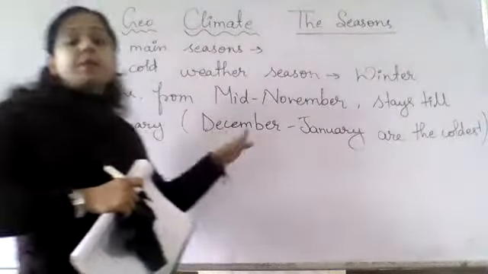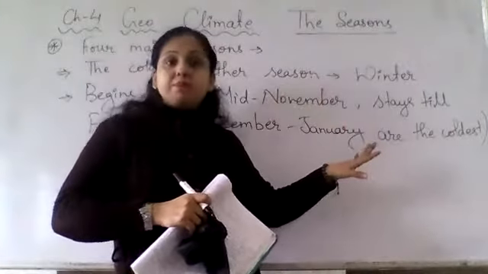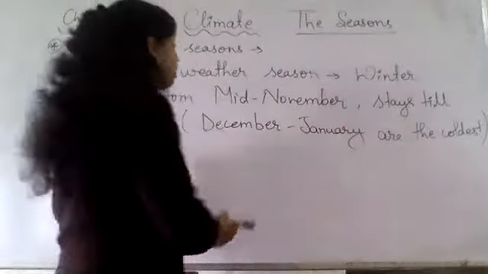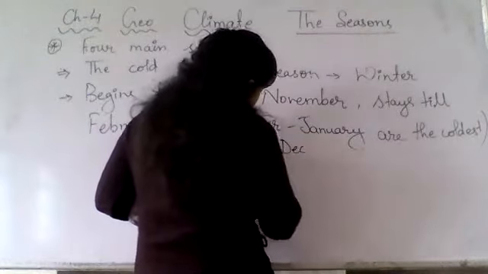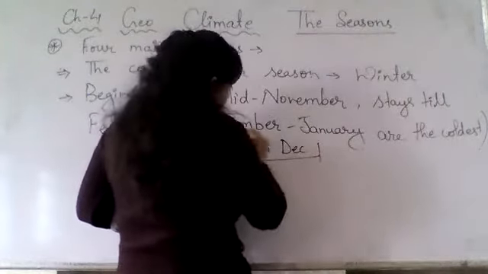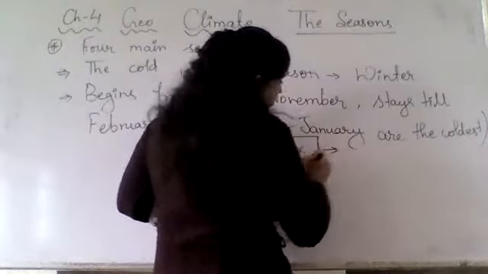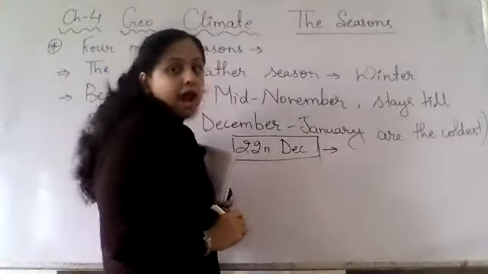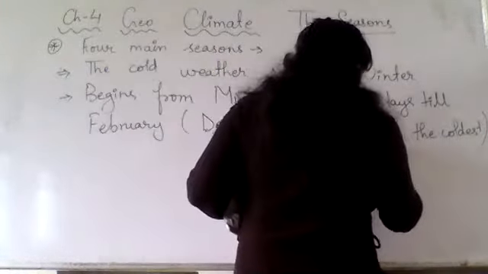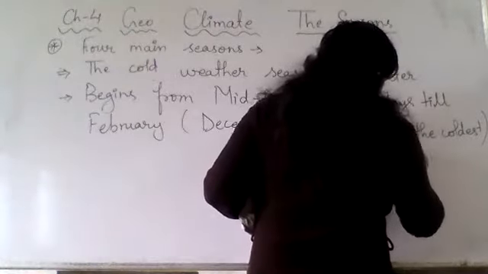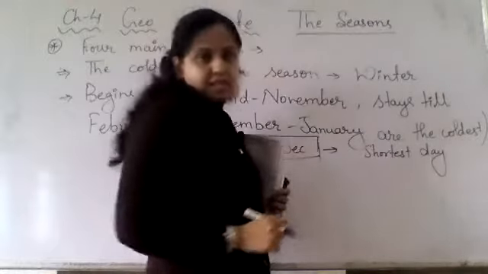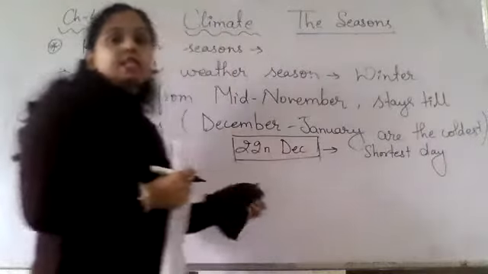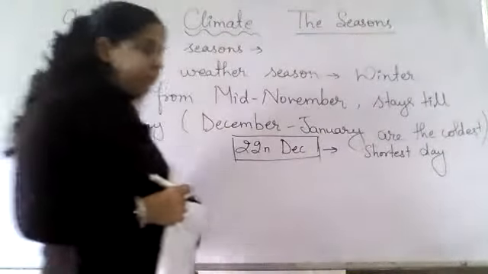In this, December and January are the coldest, and also the 22nd December is the coldest day, right? Extreme cold you will face on this day, and this is having the shortest day. Yes, long night and short day.